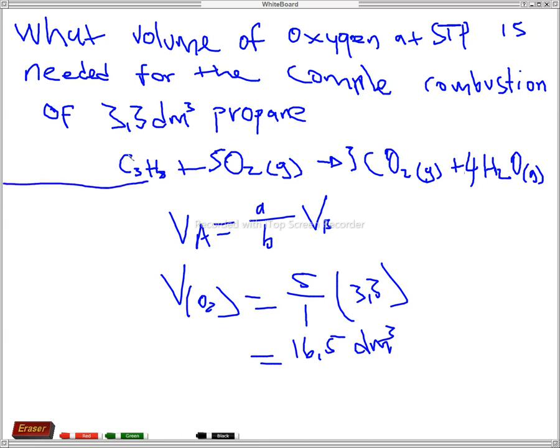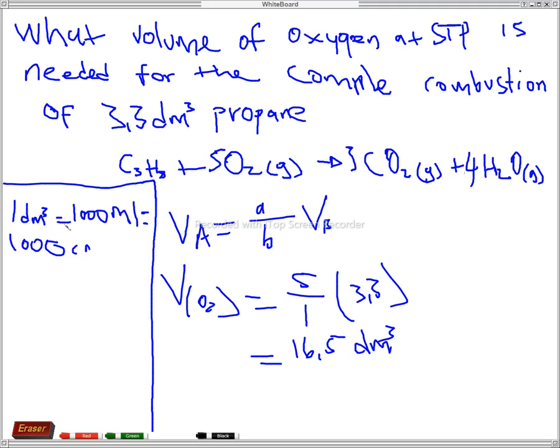Let me just give you a hint again here. 1 decimeter cubed is equal to 1000 milliliters, and is also equal to 1000 centimeter cubed.